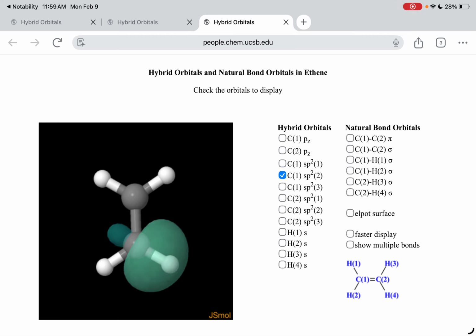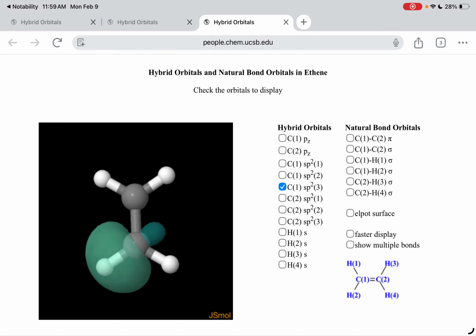Another one is the carbon and the hydrogen. Those orbitals overlapping, that is a sigma bond. And then the last one is this carbon and that hydrogen, and those overlapping, creating a sigma bond. Now the pi bond.